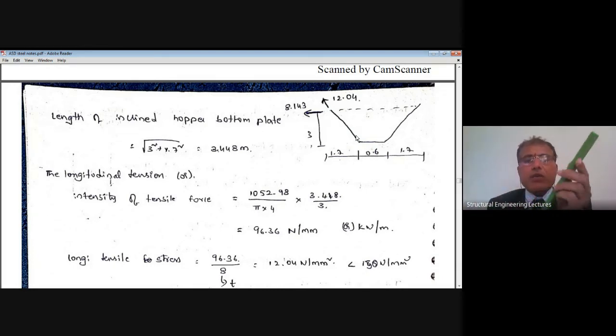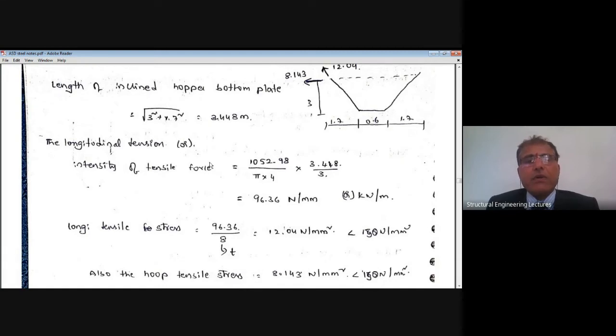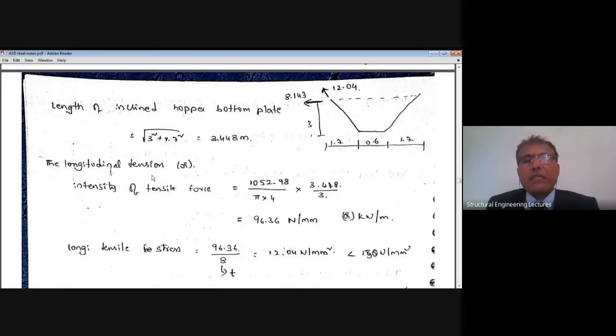If I cut a unit strip like this, its length is equal to square root of 3 square plus 1.7 whole square, which gives 3.448 meters.